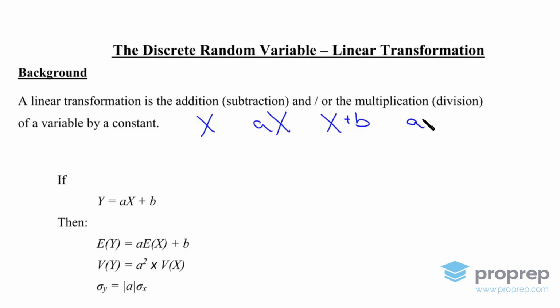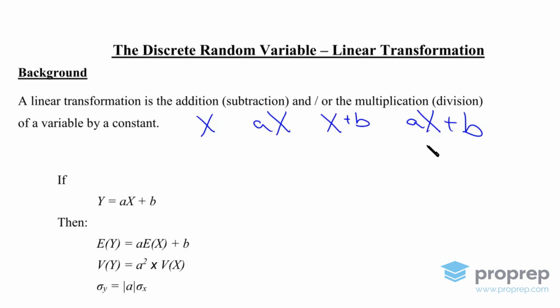We can have ax plus b. That means we first multiply x by a constant and then add a different constant to it. Basically, in all of these cases, we're creating a linear transformation of x.